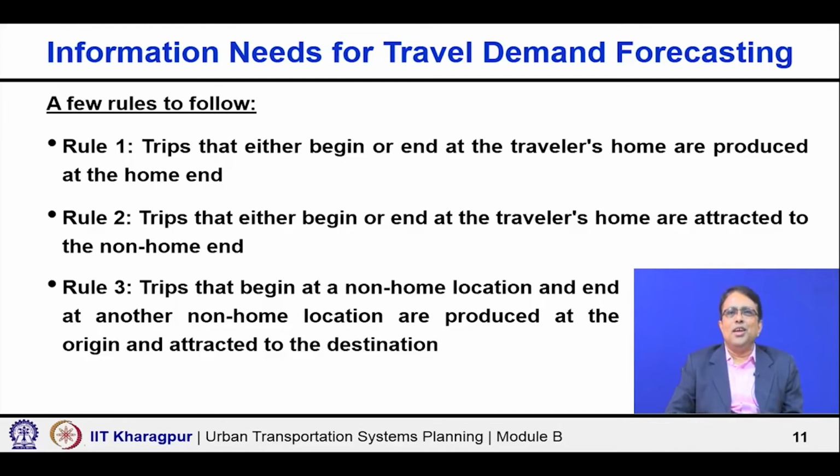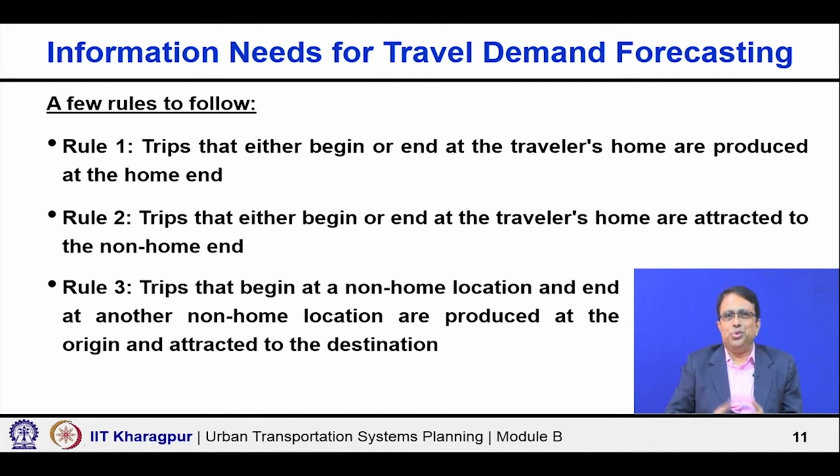Why? Even though you are intercepting somebody when that person is coming back from office to home, he is simply saying I am coming from office going back home, because you are capturing him in the afternoon or evening when he or she is going back. That is the simple reason.